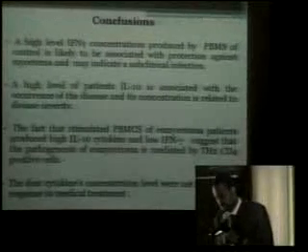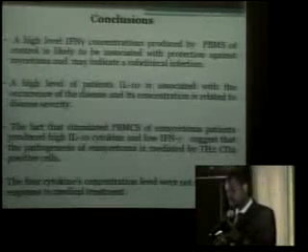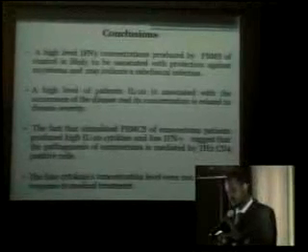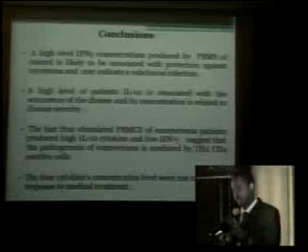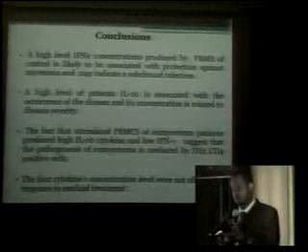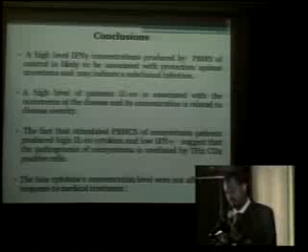In conclusion, a high level of interferon gamma produced by peripheral blood monocytes of controls is likely associated with protection against mycetoma and may indicate subclinical infection. A high level of interleukin 10 in patients is associated with occurrence of the disease, and its concentration is related to disease severity.